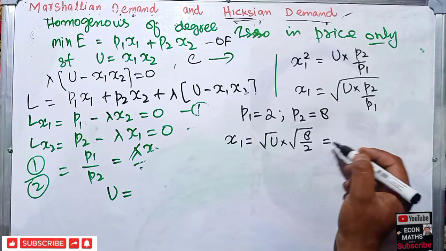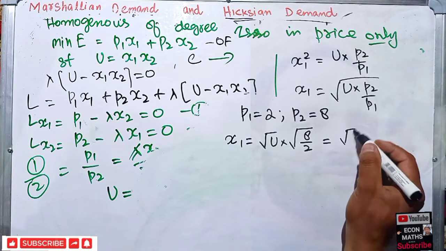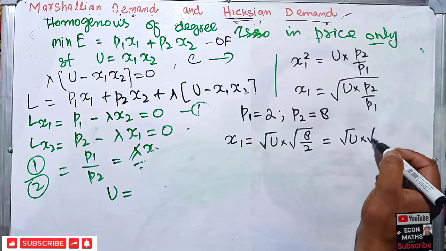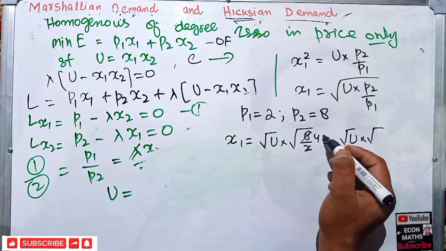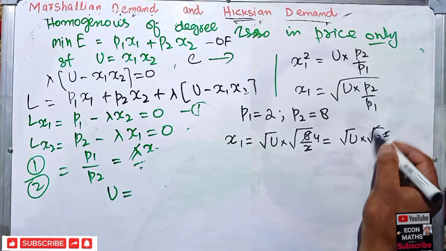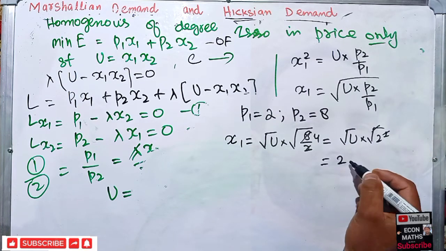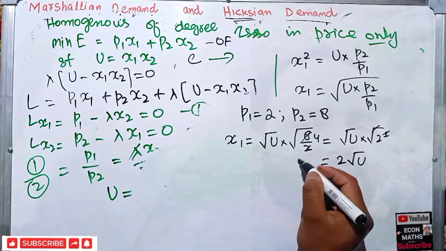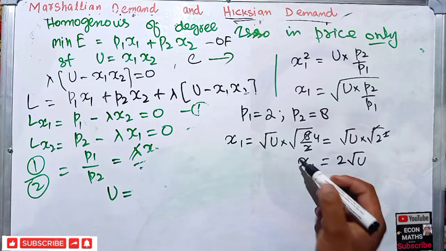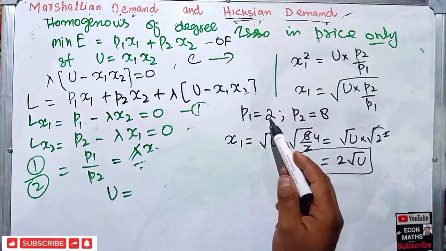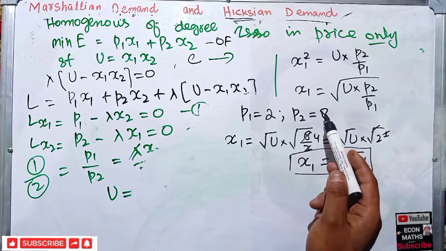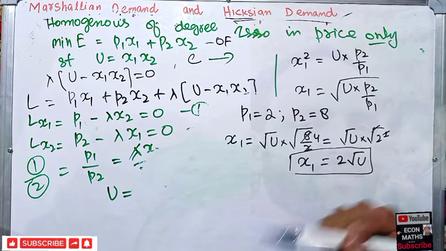So we are left with under root u times, now 2 ones are 2, 2 fours are 8, now 4 will become 2 square, so this will get cancelled, so we are left with 2 under root u. So this is our quantity demanded when price of good 1 was 2 and price of good 2 was 8.